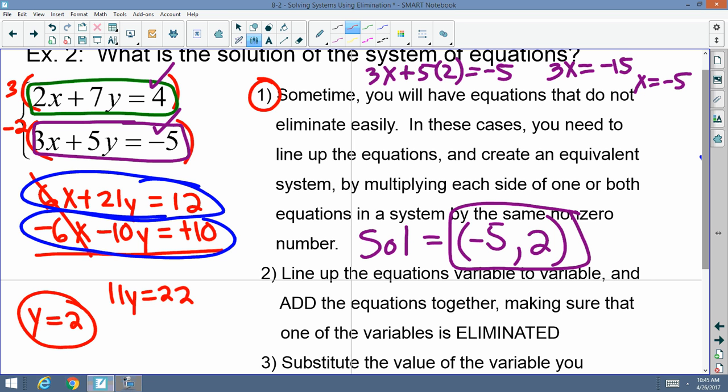Yes, sir. Because 3 times 2 is positive 6. 3 times negative 2 is negative 6, and I want to cancel it out. No, why are you saying sorry? Because you care? Thank you, son. Does that make sense? Thanks, brother.